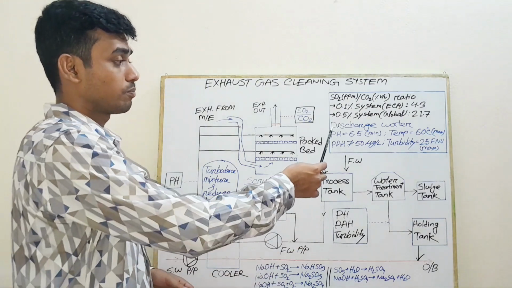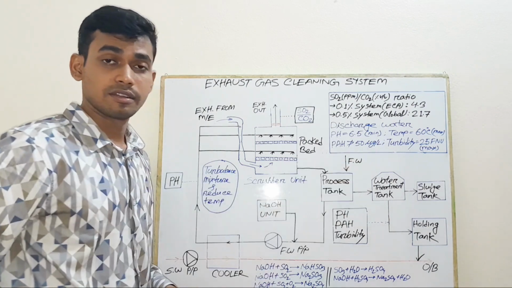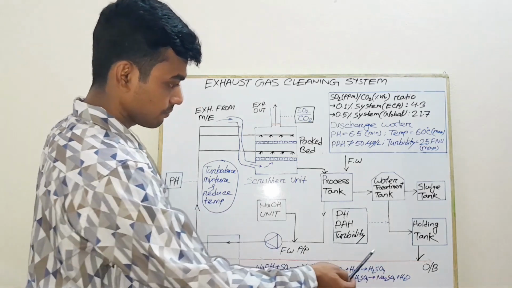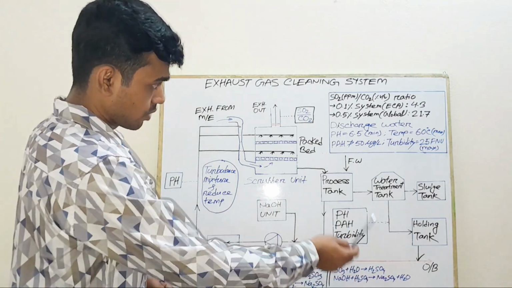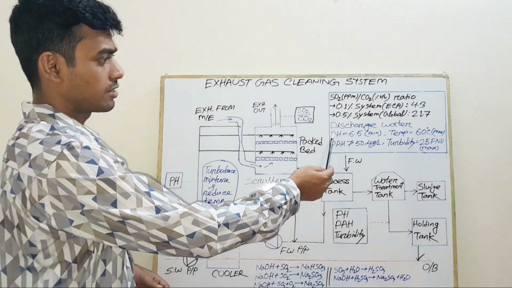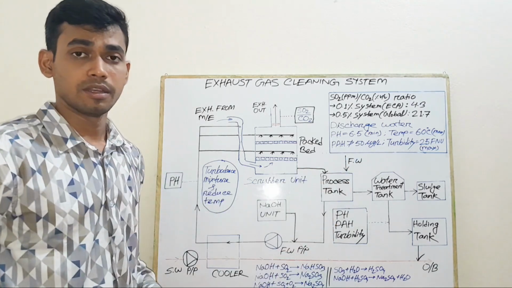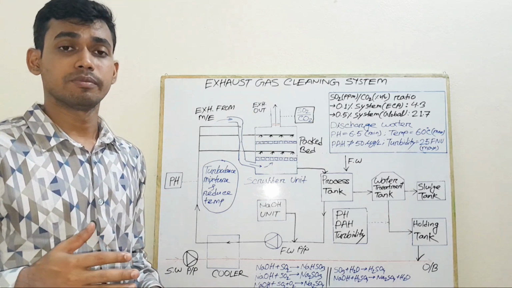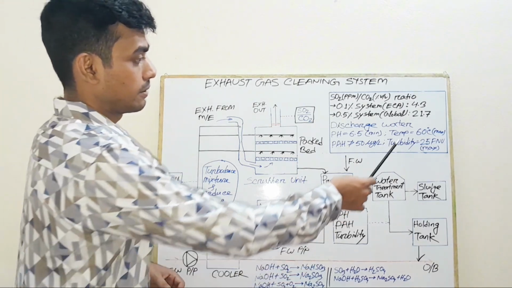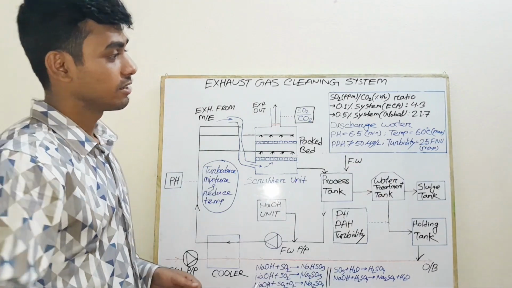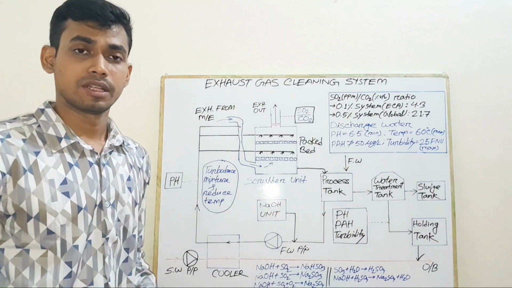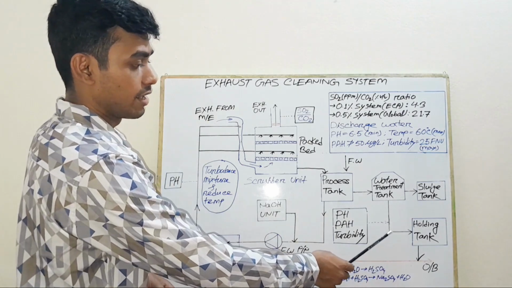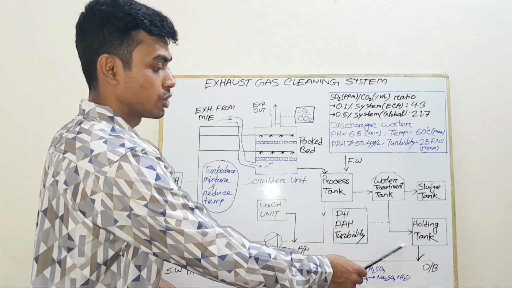And the criteria for the discharge water: the pH of discharge water must be 6.5 minimum, and the temperature 60 degrees maximum. That means fresh water temperature cannot be more than 60 degrees, and the pH is minimum 6.5.